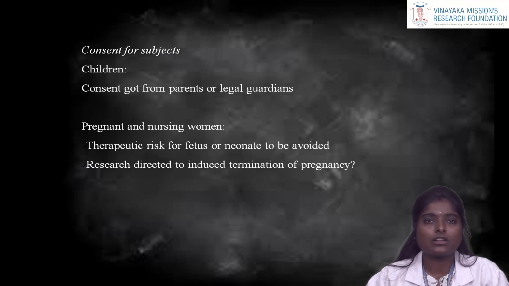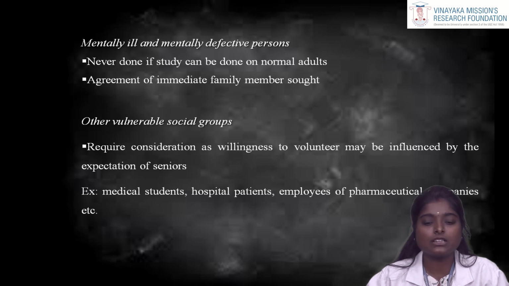So consent can be obtained from various participants. For example, in children, the consent should be taken from the parents or their legal guardians. For pregnant and nursing women, therapeutic risk to fetus and neonate has to be avoided, and research directed to include termination of pregnancy has to be specified. For mentally ill or mentally defective persons, never do any study that can be done on a normal patient on these patients.